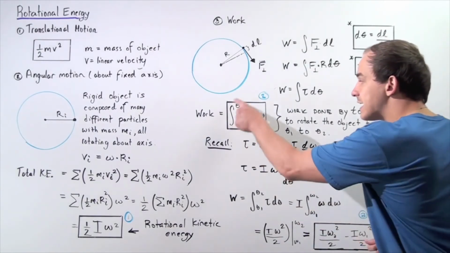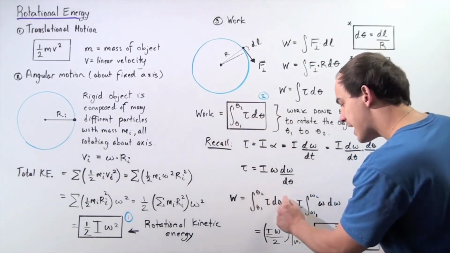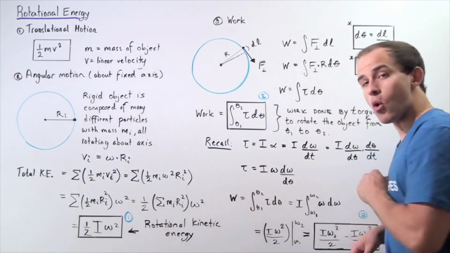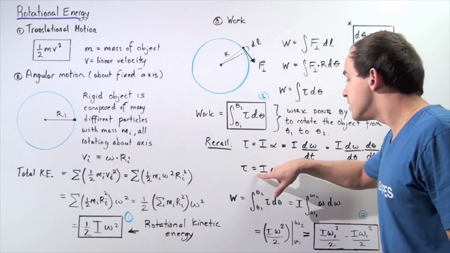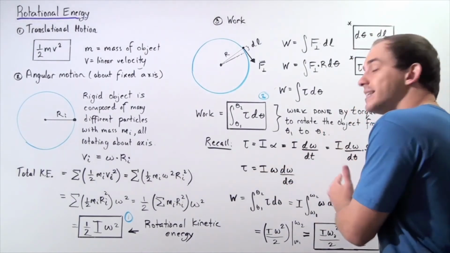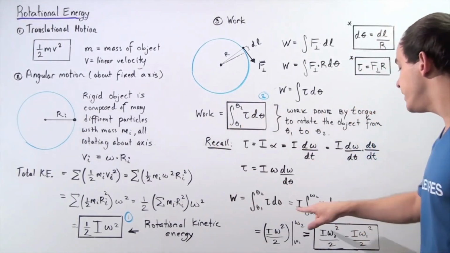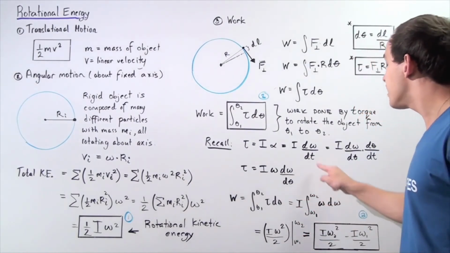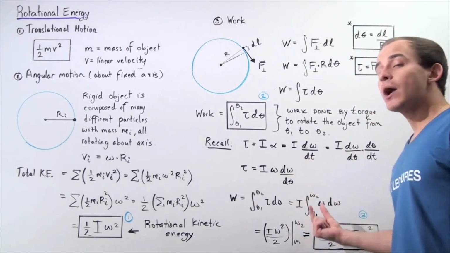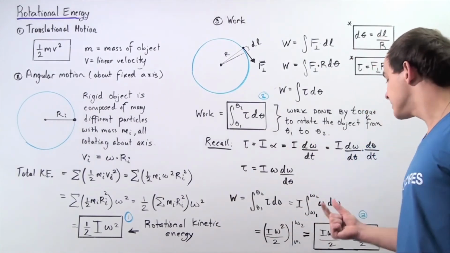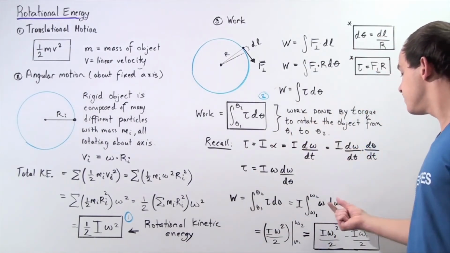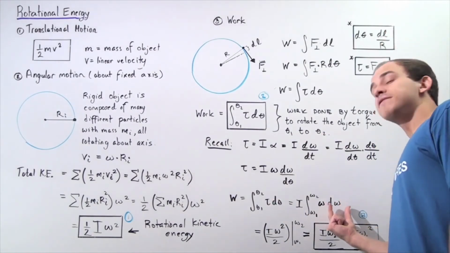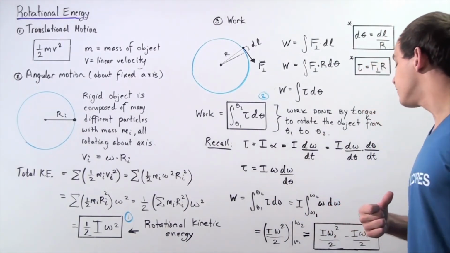So now we can take this equation, which we have here, and plug in this entire term for torque. Notice, this is a constant, so we can take that constant out. We get our moment of inertia multiplied by the integral from our initial angular velocity to the final angular velocity of the angular velocity multiplied by the infinitely small change in the angular velocity.